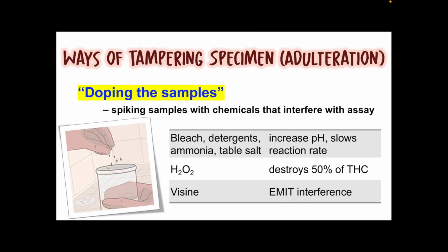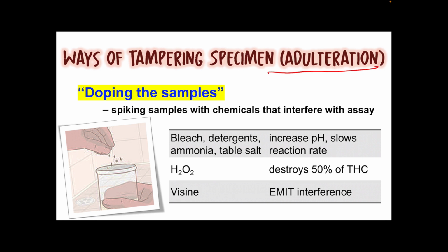So one of the major challenges of urine drug testing is adulteration. Again, it's a practice of manipulating a specimen with chemical adulterants to produce false negative results. And actually, this is a problem because there are a lot of chemicals that are easily obtained and can effectively adulterate a urine specimen.